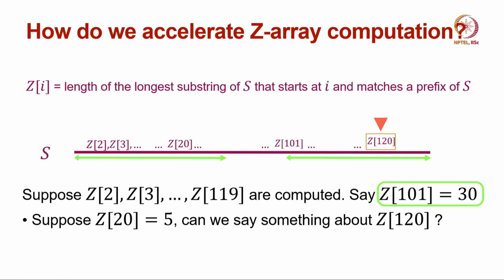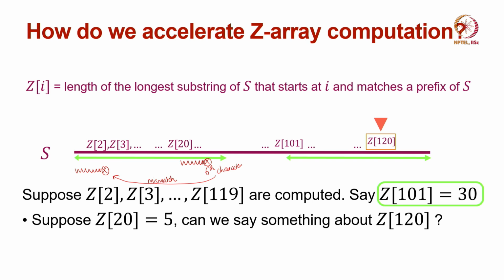If Z20 is equal to 5, observe that there is a string of length 5 matching as a prefix of S, and we also know that there is a mismatch at the 6th character. Because otherwise, if it were a matching character, Z20 would be greater than 5.